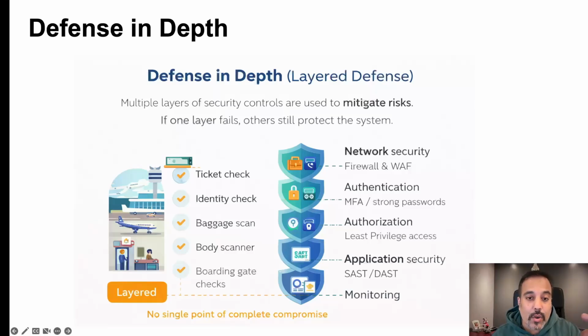Even if the password is compromised, the person who is trying to log in has to bypass the MFA as well. Just taking an example, if by somehow they're able to log in, they have very limited access to cause damage. So that's why we implement multiple controls, so that we can control the damage.